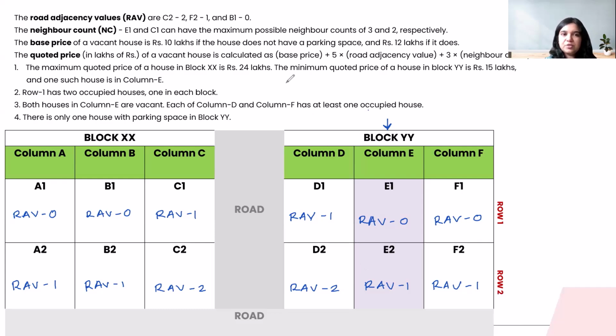Let's go back to some of the information and try and locate these particular houses. The first one being the maximum quoted price of a house in block XX is rupees 24 lakhs.